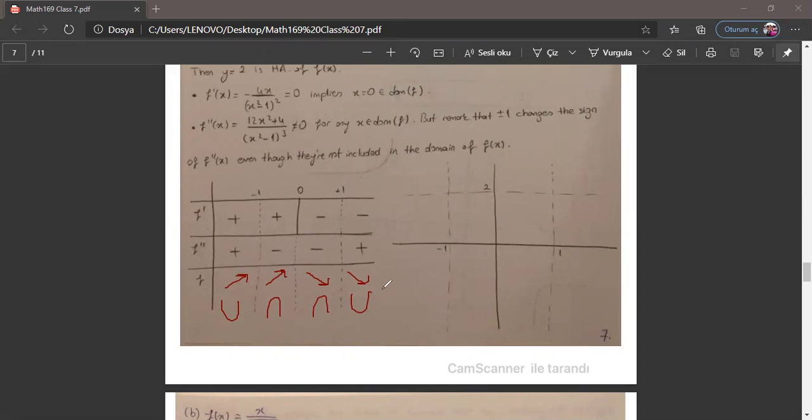So what do we do? Here we have y equals 2 as horizontal asymptote, and these are vertical asymptotes. So we see when we have something bigger than plus 1, it will be decreasing and upward. So it should be something like this.